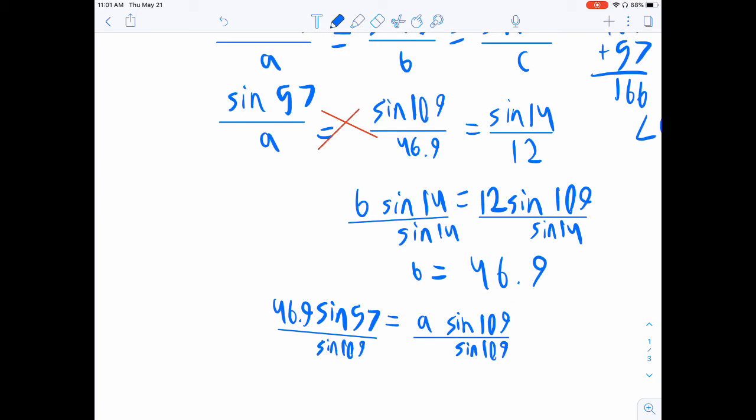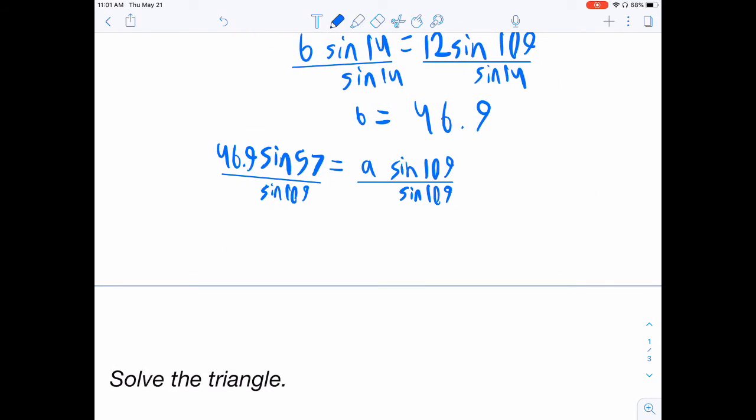And when we do that, you have to use your calculator for this. You will get 41.6 to be side A, sorry.